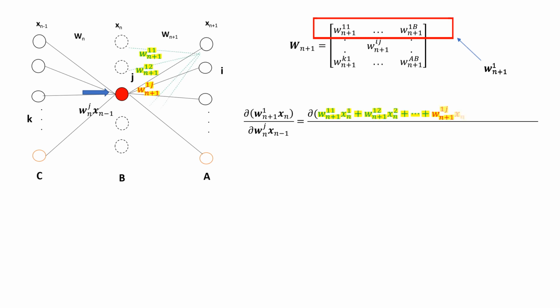When we differentiate individual terms in the summation with respect to Wnj xn minus 1, all other terms except the term corresponding to node j become 0. This is because we are differentiating with respect to input coming to layer n plus 1 from node j. However, the other terms in the summation do not depend on node j.